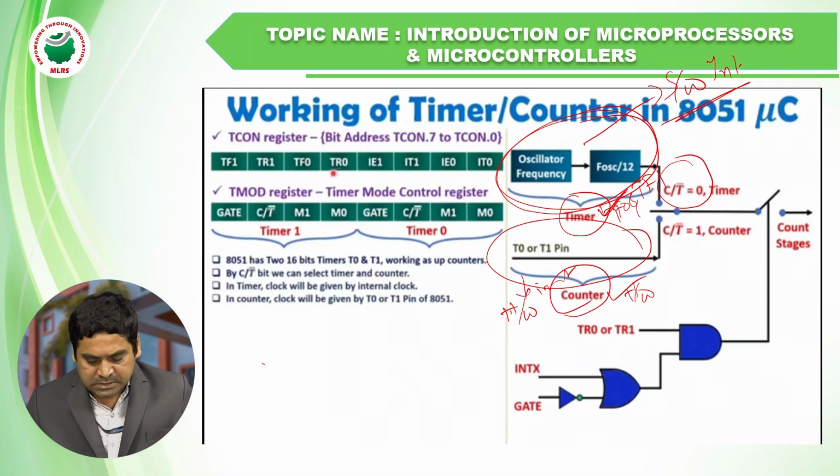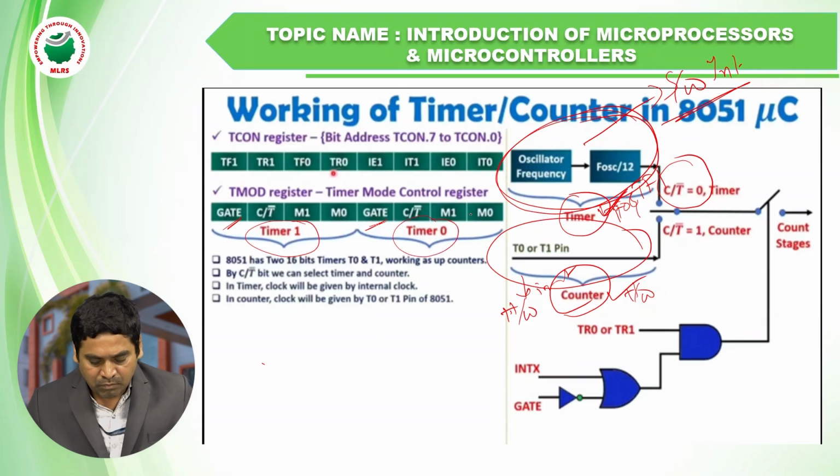Here we have 8 bits: M0, M1, C/T bar and GATE for one timer, and M0, M1, C/T bar and GATE for the other. GATE represents external hardware. This gate is of timer 1, and this gate is of timer 0.